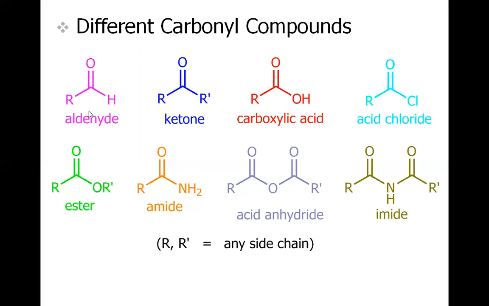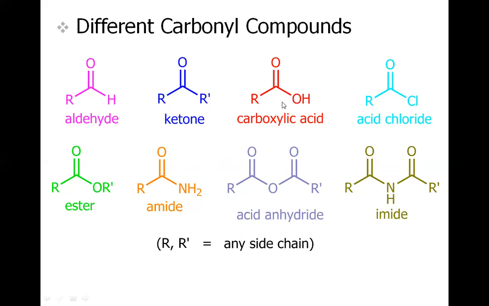For the first molecule, you could see if we have a side chain and hydrogen connected around the carbonyl, it is aldehyde. However, if we have the side chains on both sides around the carbonyl, it is called ketone. And look how aldehyde and ketone are very similar to each other. The only difference is the presence of the hydrogen and the absence of the hydrogen around the carbonyl.